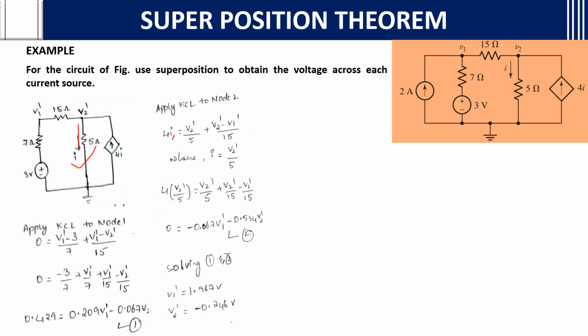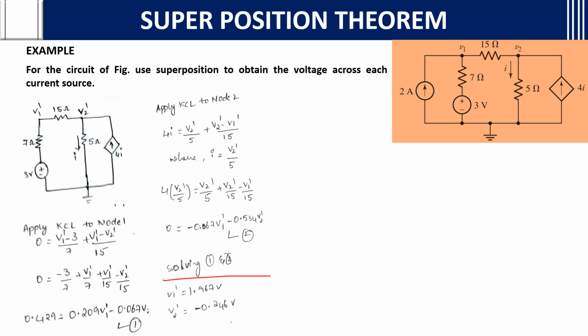The current passing through this 5 ohms is V2 dash by 5, so substitute V2 dash by 5 in the above equation. Then you will get the second equation in terms of V1 dash and V2 dash. Using a calculator, solving 1 and 2, you will get V1 dash and V2 dash.